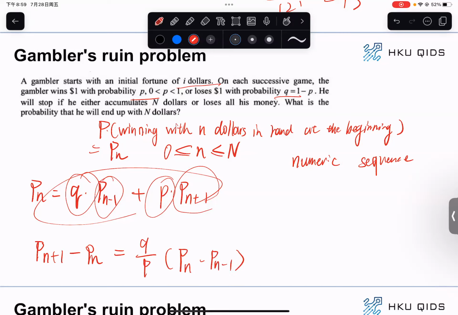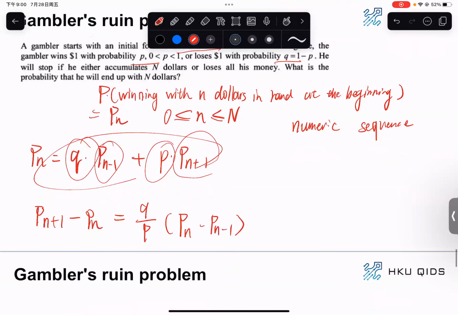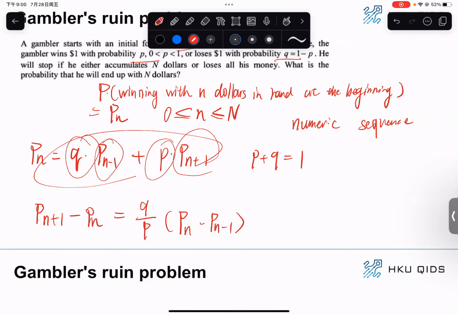Well, it's actually quite easy to check this. You can check it because P plus Q equals 1, and you just need to put a P plus Q here, and everything becomes quite easy to see, right?